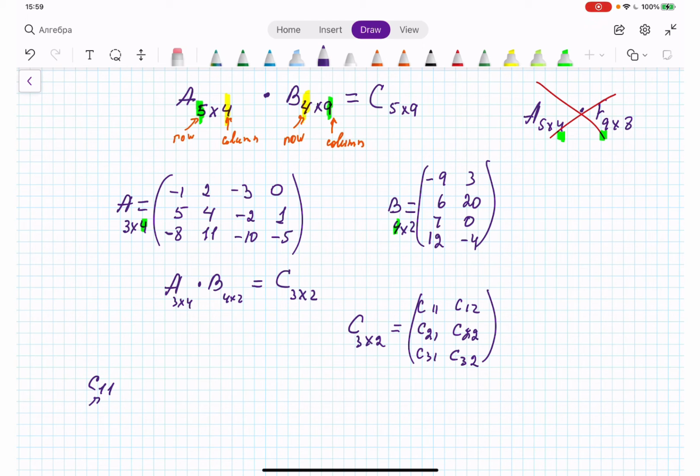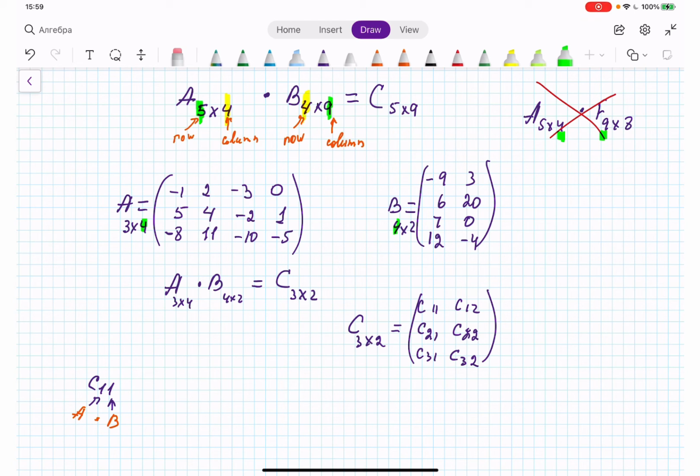I have row 1 and column 1. The first index, the row, is taken from matrix A, because we are multiplying A times B, and the second index, the column, is taken from matrix B. If we would multiply B by A, then we would take the row from B and the column from A. So for C11, we are taking the row from A.